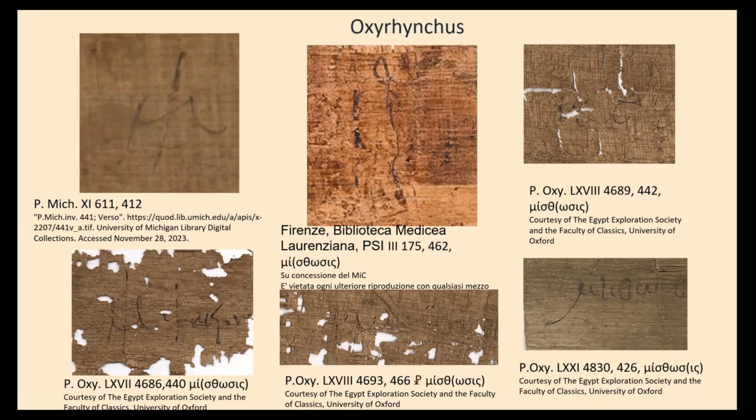What I would like to underline is the fact that in Oxyrhynchos from 460, the Misthosis endorsement was preceded by some Christian symbol, whether it be a Christogram, Staurogram, or a cross.